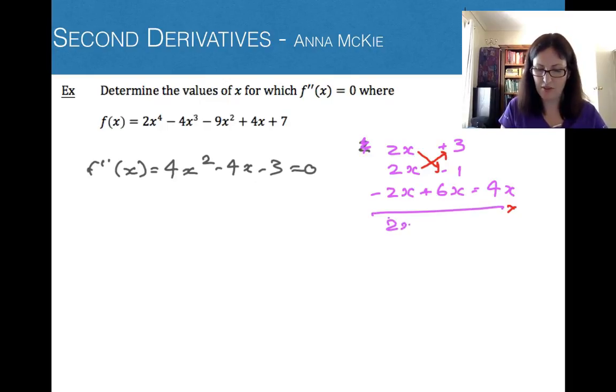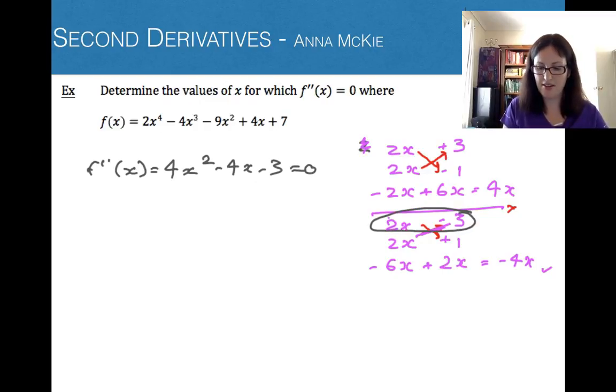We know it's going to be a 3 and a 1. Let's switch the negatives around. So let's try a negative 3 and a positive 1. Doing that cross multiply gives us negative 6x, and the other one is 2x. That will give us negative 4x, and that's what we want. So then reading off, these are your brackets.